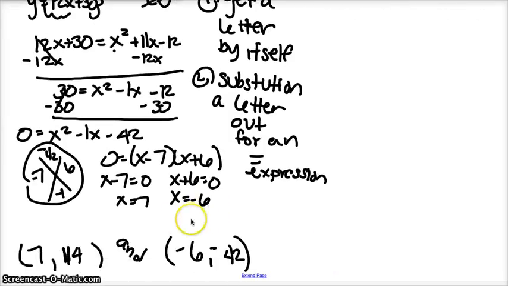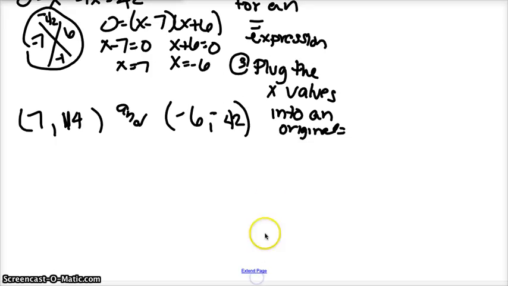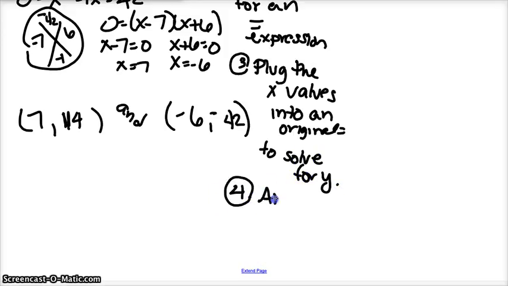And then what we needed to do last was we needed to plug the x values into an original equation to solve for y, and making sure that answers are always written as ordered pairs.